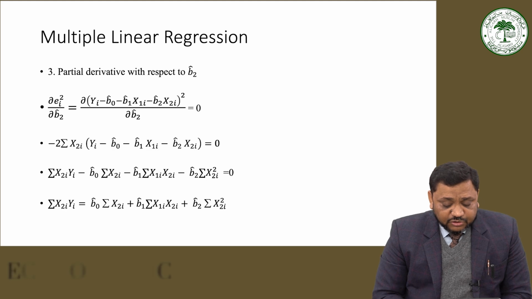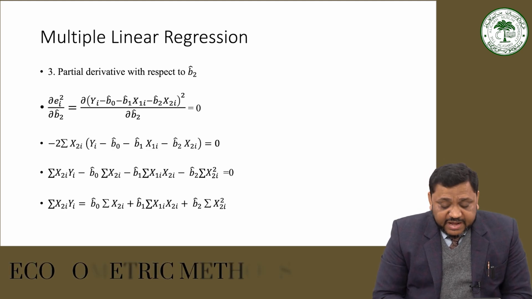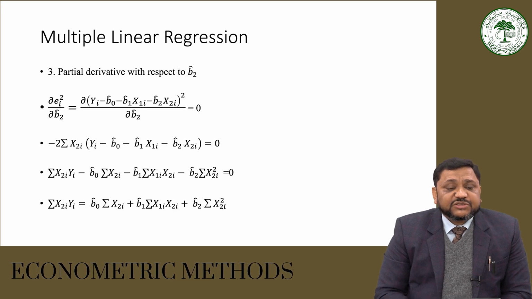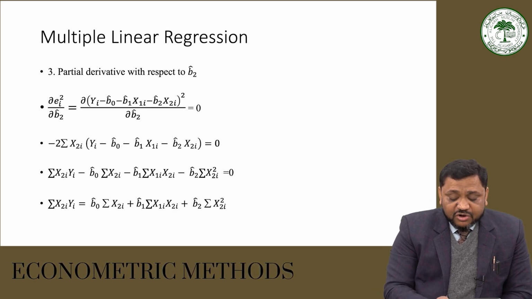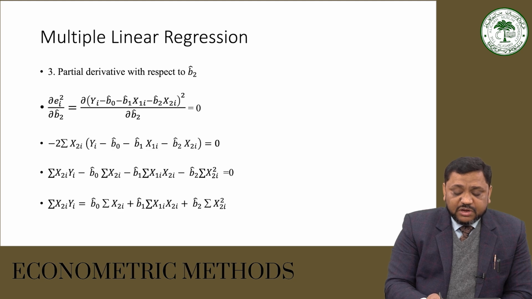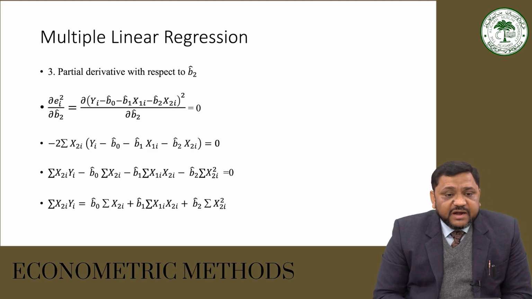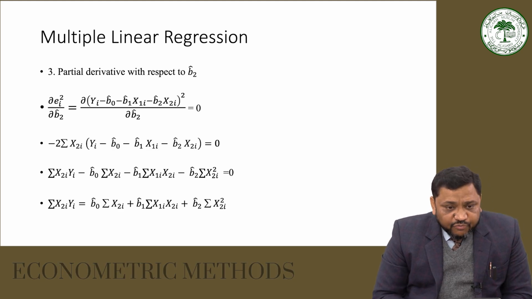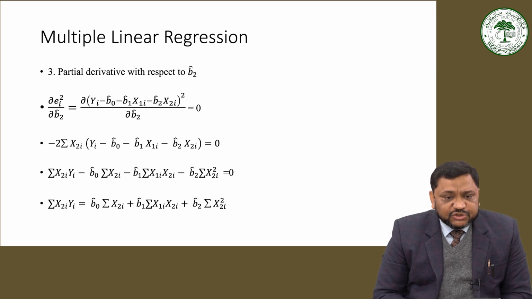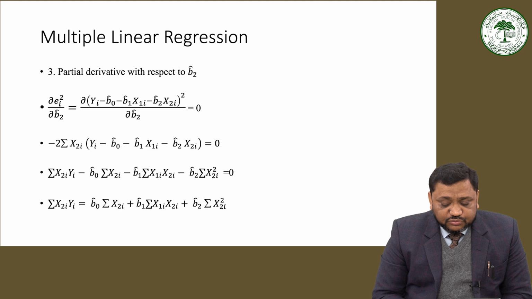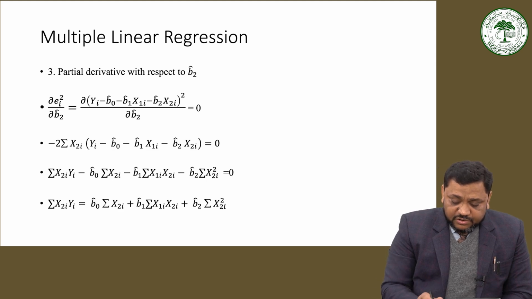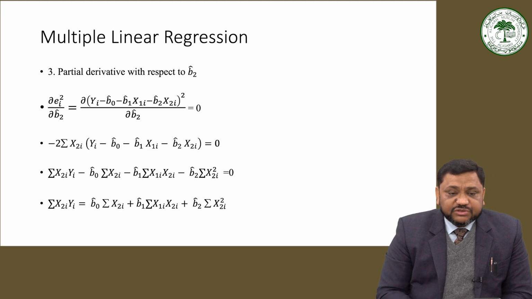When you open the bracket, it becomes x2i yi minus b0 hat x2i minus b1 hat x1i x2i minus b2 hat x2 square summation. I missed the summation sign over here.